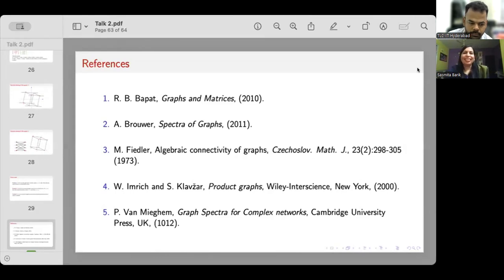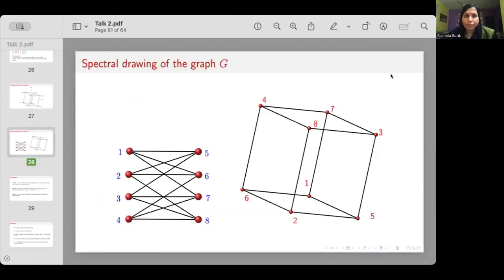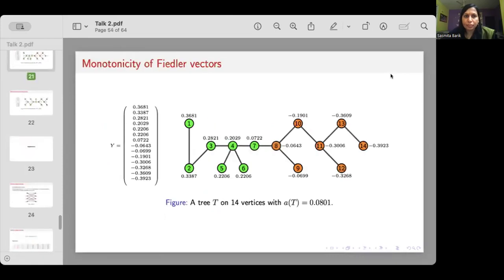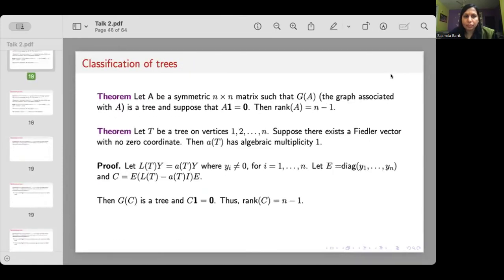Ma'am, in one of the previous results that you have shown, that if T is a tree, then using some assumption you've shown that A of T has algebraic multiplicity 1. Can we say something about the converse? Which one you told? Yeah, this one.